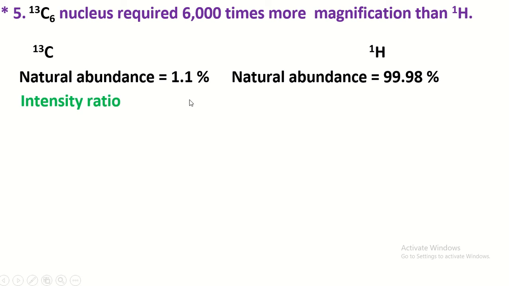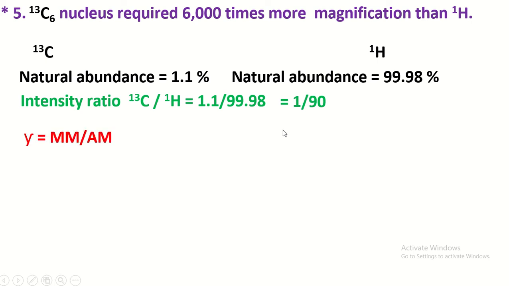The intensity depends on the natural abundance. Therefore, the intensity ratio of carbon-13 to 1H equals 1.1 upon 99.98, that equals 1 upon 90.